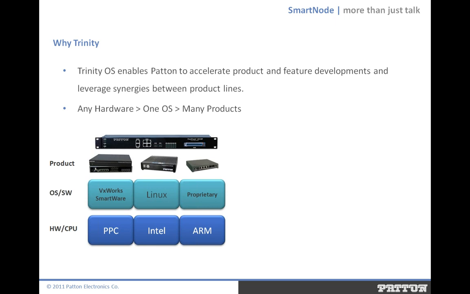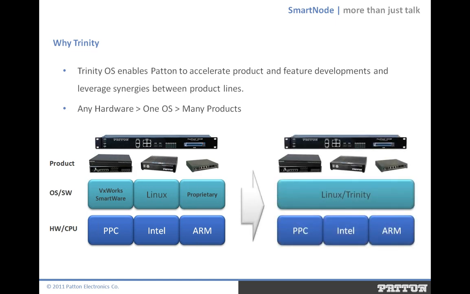What Trinity will enable us to do is to consolidate the operating system there. And that's what it looks like. So with a Linux-based operating system, we'll be able to support any kind of CPU hardware architecture. We'll develop new features, new protocols, new applications once on this Trinity operating system, and have it available on many products and on all products simultaneously.